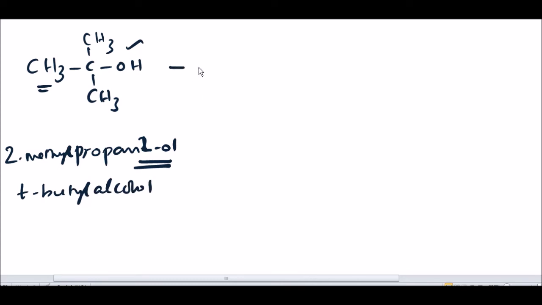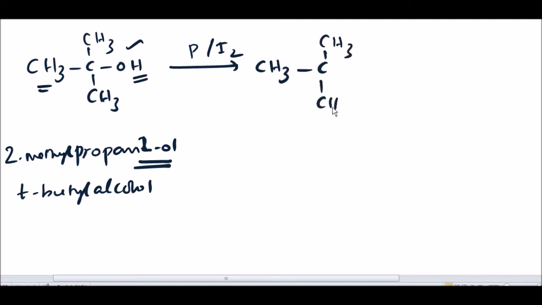When this is treated with phosphorus and iodine, OH is replaced with iodine, so we can have a product as follows. The alkyl iodide is formed. The alkyl iodide formed is tertiary butyl iodide. For the IUPAC name of tertiary butyl iodide, there are 3 carbons in the longest linear chain, so you call it propane.